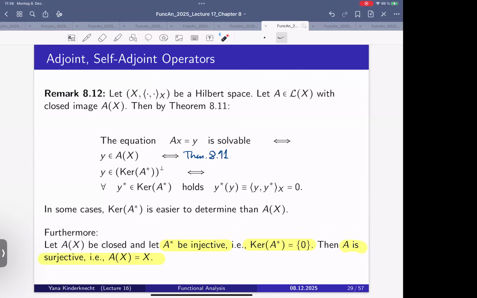Okay, I want to add a comment. Today we discussed an example about the left shift operator and the right shift operator.